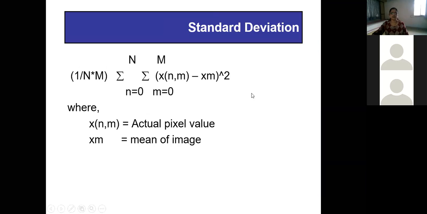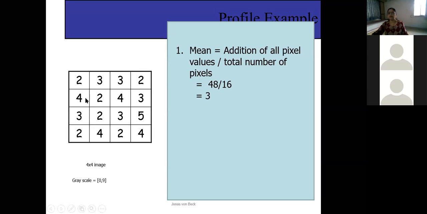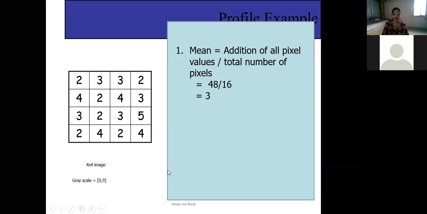So this is the equation for standard deviation. Now in our example, the mean value is 3. So compute these differences for each and every pixel in the image and type your answer.